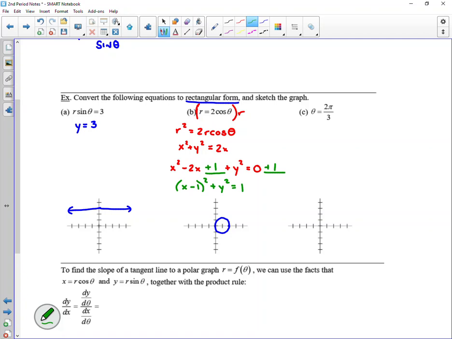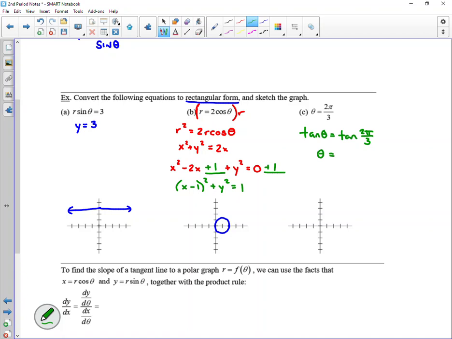Okay, are we still okay? Now, theta equals 2 pi over 3. Let's tangent both sides. What's tangent of 2 pi over 3?